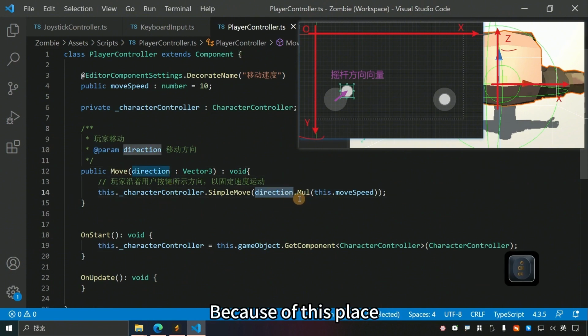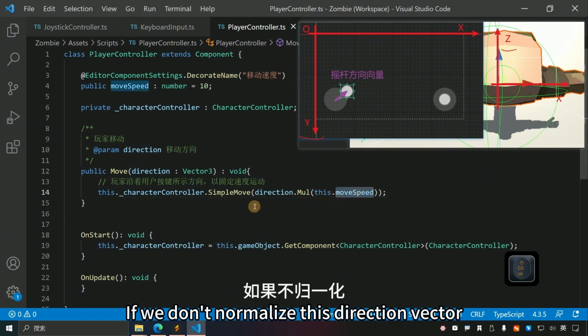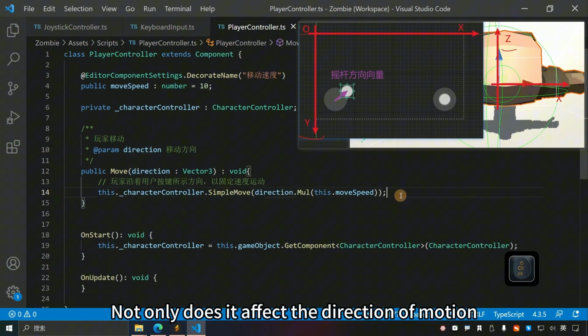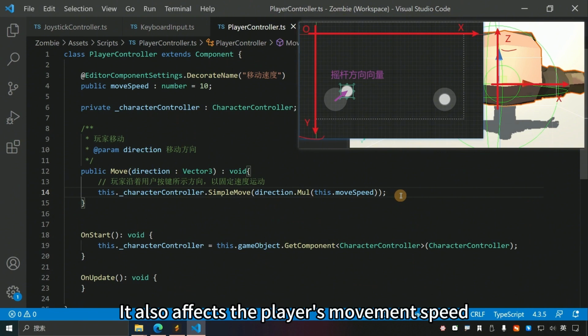Because in this place the direction is multiplied by velocity. If we don't normalize this direction vector, not only does it affect the direction of motion, it also affects the player's movement speed.